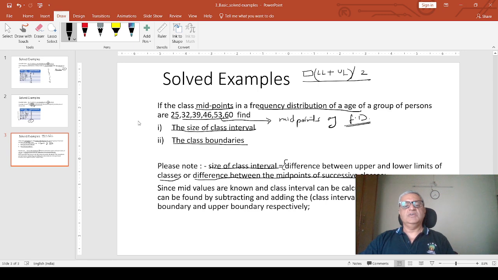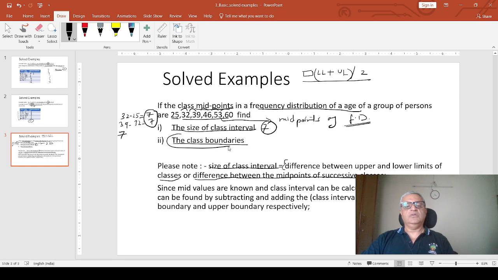So in this case, the difference is 32 minus 25, that is 7. 39 minus 32, and ideally this difference needs to be the same, and if you calculate, it is 7 everywhere. So 7 is my class interval. So the answer to the first is 7.